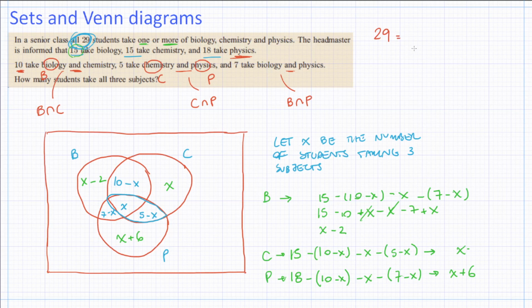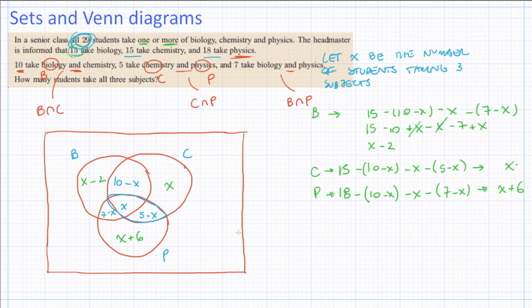So let's make some room here. 29, which is the total number of students, should be equal to, and let's just add all of those things. So x minus 2 plus x minus 10 minus x plus 7 minus x plus x plus 5 minus x plus x plus 6.